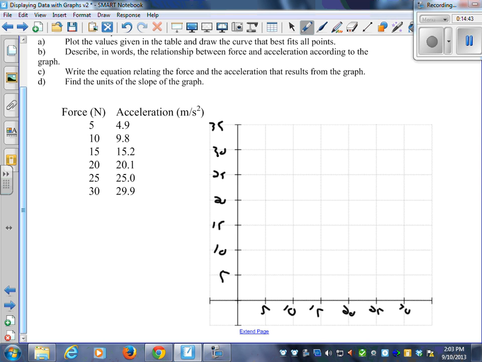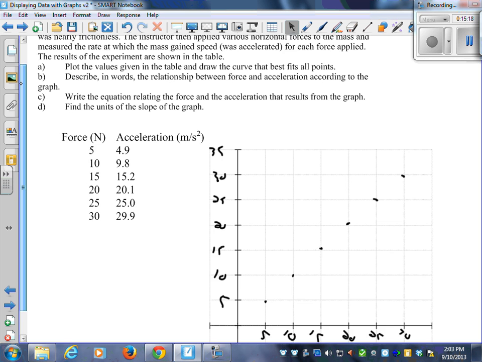No, you don't. 5 and 4.9, 10 and 9.8, 15 and 15.2, 20 and 20.1, 25 and 25. This one is like, is it straight? In fact, it's almost ridiculously straight, right? In fact, I think it's straighter than the last one. Does it go through 0, 0? Should it go through 0, 0?